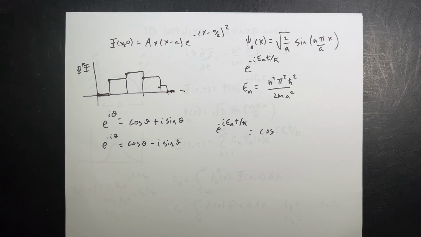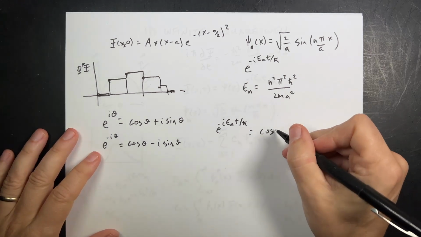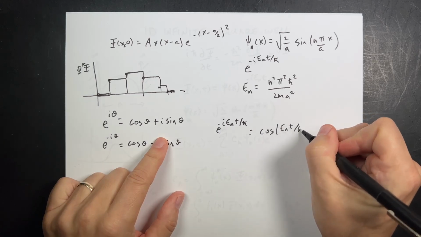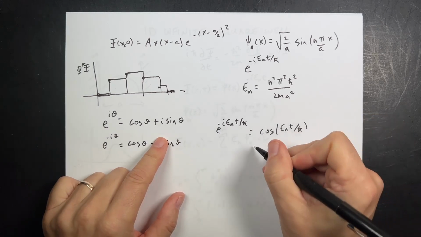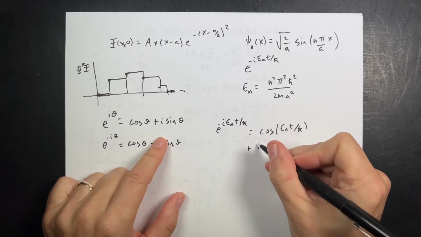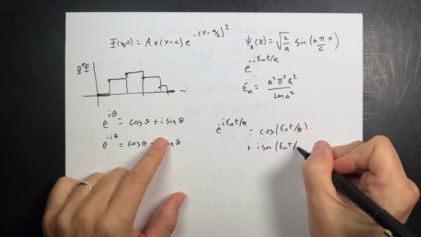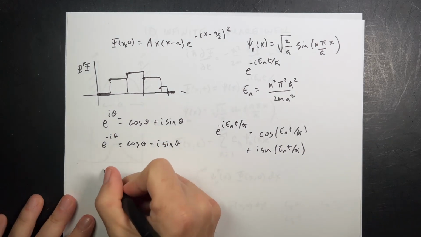I thought I had a real, yeah, I put the real as sine. No, I did cosine. That's right. Okay. So the cosine of E n t over h bar, and then plus i sine E n t over h bar. So that means that I can write this.